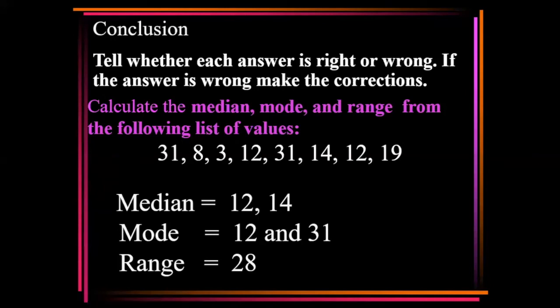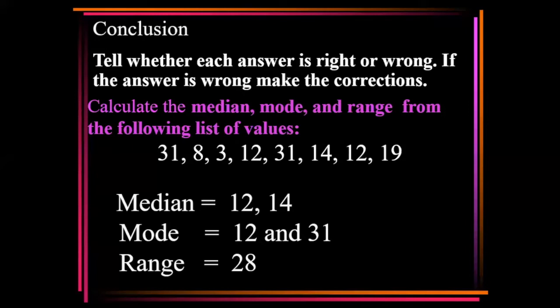Calculate the median, mode, and range from the following list of values: 31, 8, 3, 12, 31, 14, 12, and 19. Let's look at the median. Is 12 and 14 the median? No, 12 and 14 is not the median. So can you give me the correct answer now?